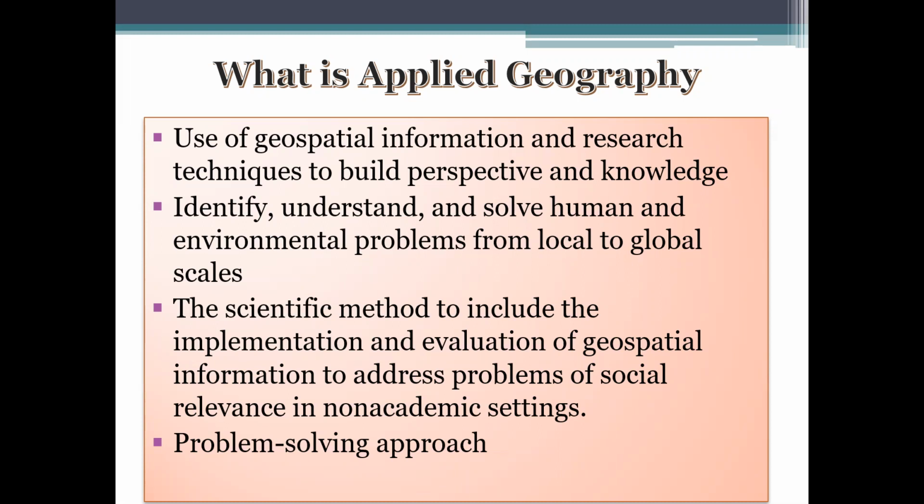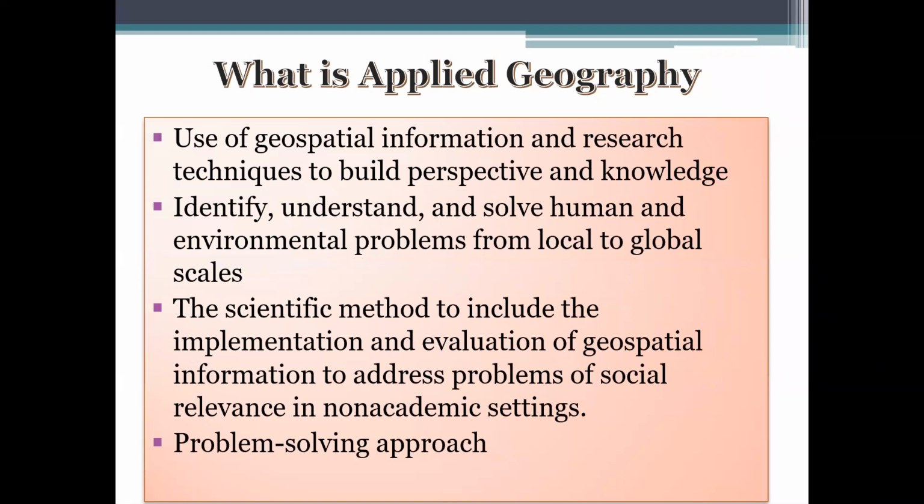Second, when we address any issue, either social, human, cultural, political, or any other, it is very important to identify, understand, and solve.